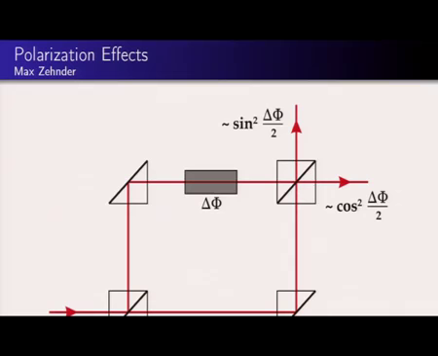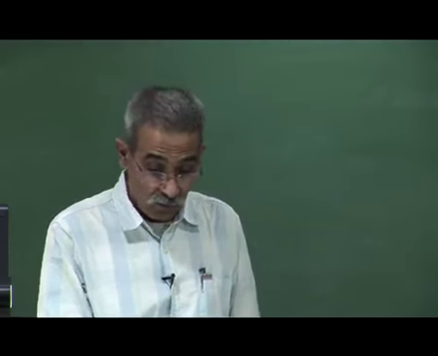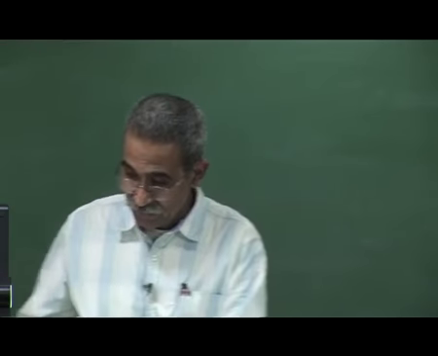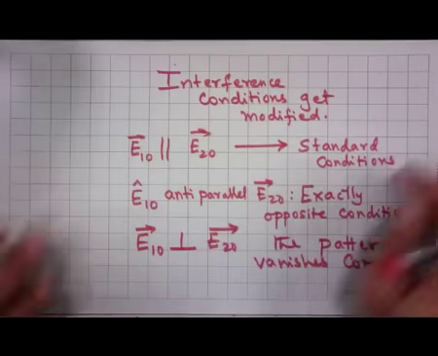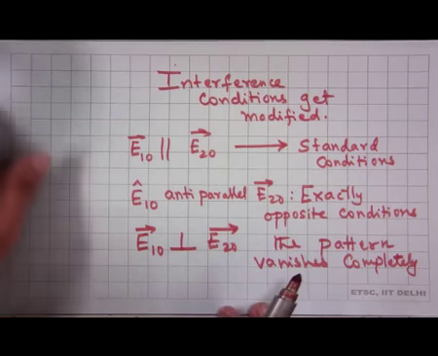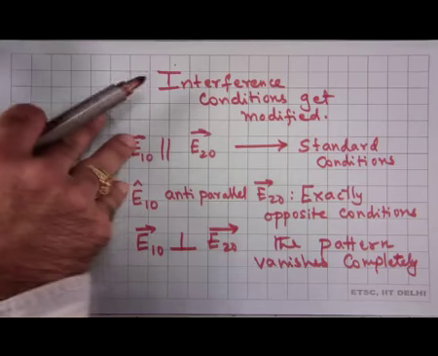Now this is a much larger system, and therefore now you can put your analyzer, you can put your polarizer, and you should be able to verify whether whatever we have predicted on this sheet of paper, namely parallel is standard condition, anti-parallel is opposite condition, and the interference pattern vanishes exactly.